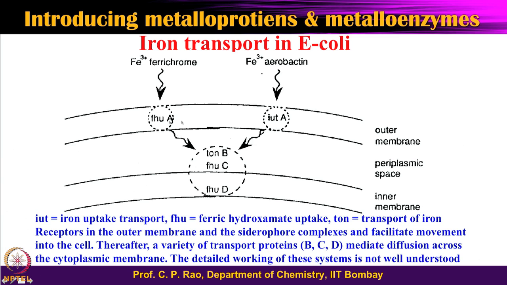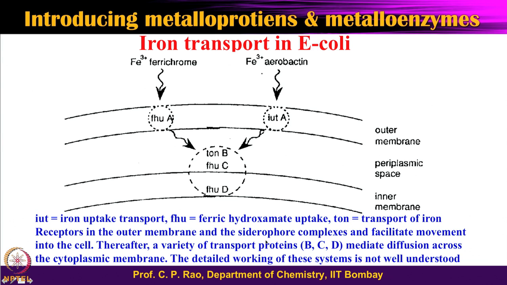So it is transferred to this, and these in turn are carried and transferred to the inner membrane, and this further goes and releases in the blood. Okay. So you have one level of capture of the iron, transferring to another level, and then transferring into the blood.